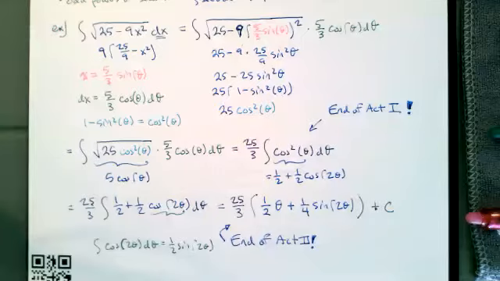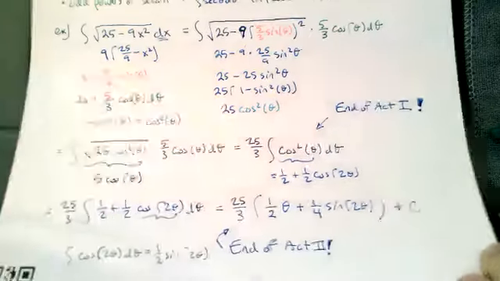All right, so now we have an antiderivative in theta. The last thing that we have to do is go back to x, go from our antiderivative in theta to an antiderivative in x. We also need to flip pages.